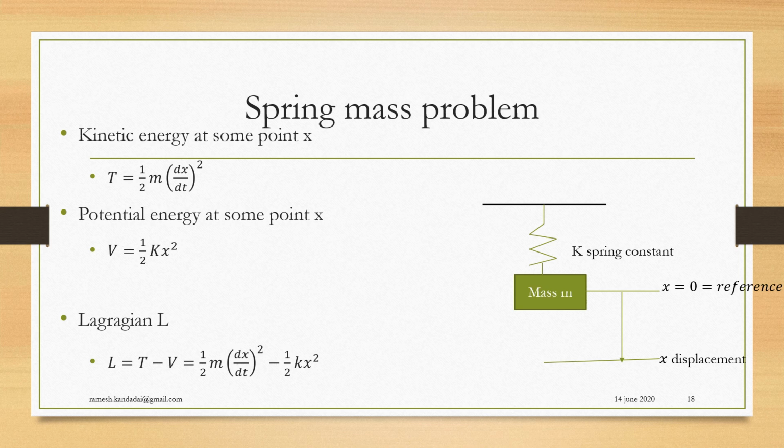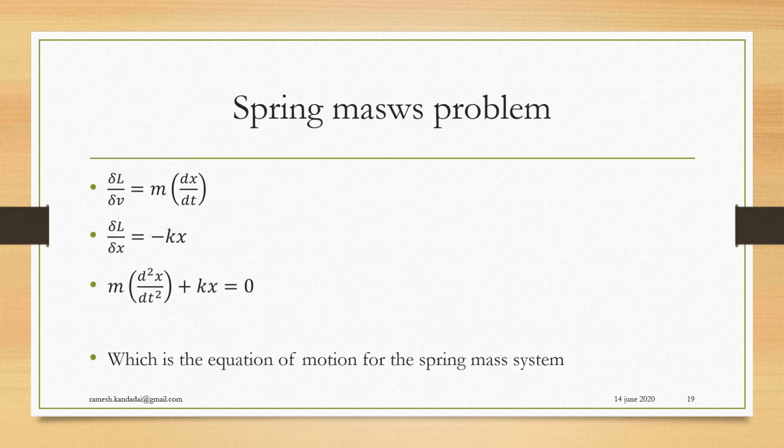So the Lagrangian L is T minus V, which is 1/2 mv squared minus 1/2 kx squared. We determine the Lagrangian derivatives with respect to x dot and x, and the equation is readily obtained: m x double dot plus kx equal to 0, which is the equation of motion for a freely oscillating spring mass system.